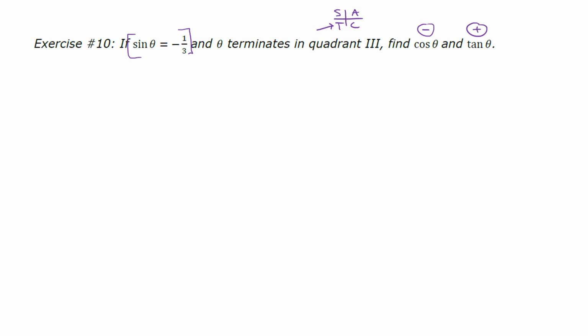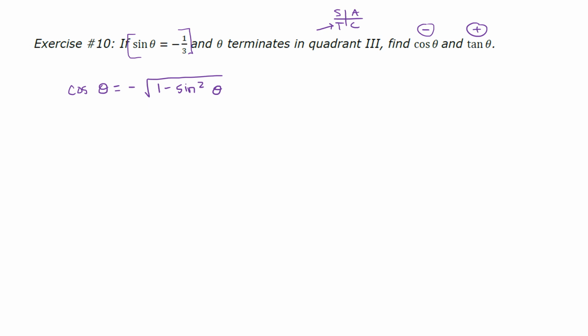So let's find cosine theta. If we use one of our Pythagorean identities, cosine theta equals plus or minus the square root of 1 minus sine squared theta. Since we know that cosine theta must be negative, we can rewrite this identity with just the negative sign, because cosine is negative in quadrant 3.